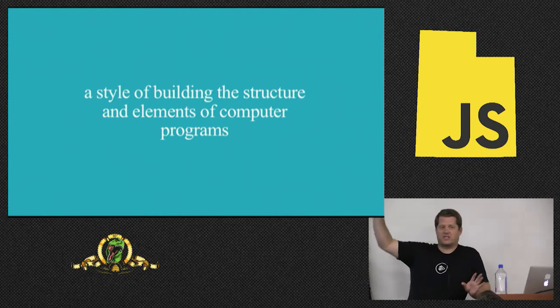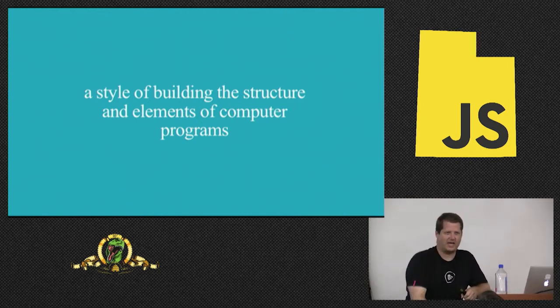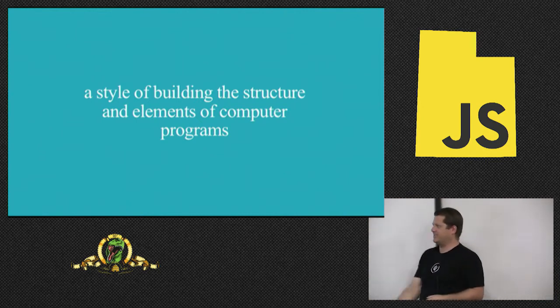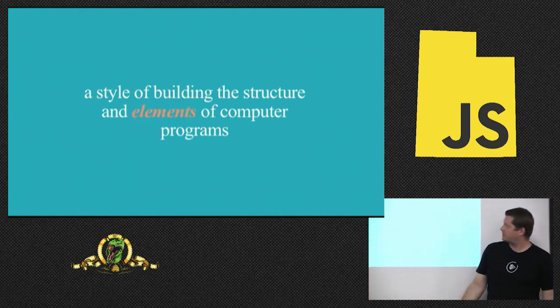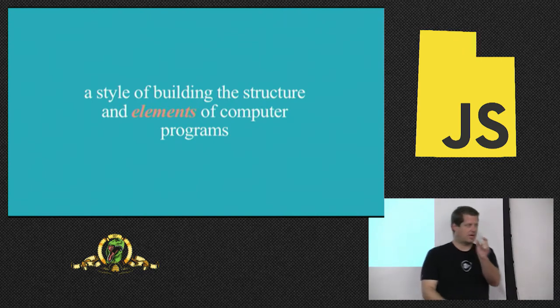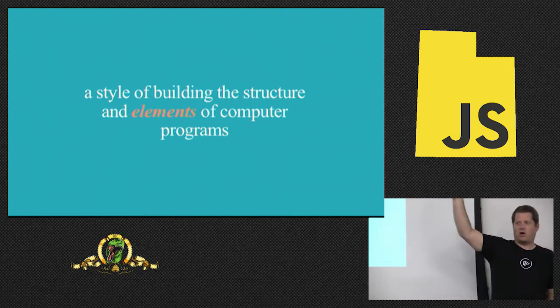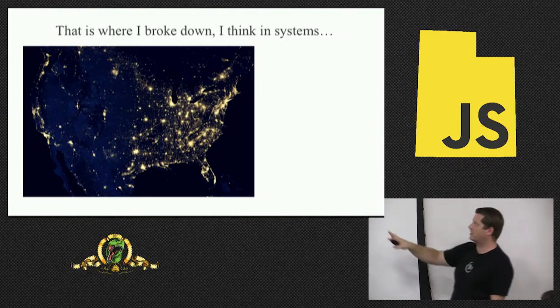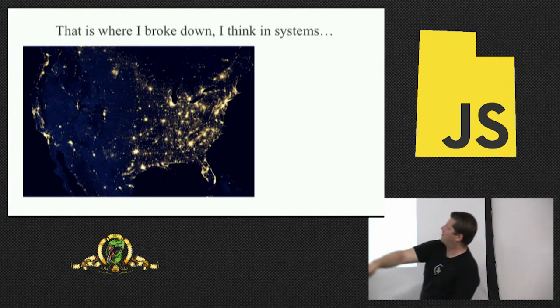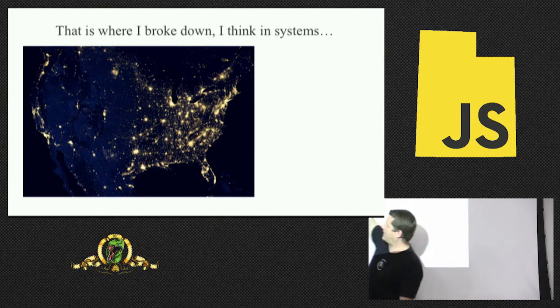Back to the definition, the Wikipedia one, which I'm using as my stake in the sand. This is what functional programming is: a style of building the structure and the elements of computer programs. We're going to talk about building small stuff. A lot of OO people and a lot of systems people, if you're a systems thinker, think like this, right? I think about systems, the whole thing.